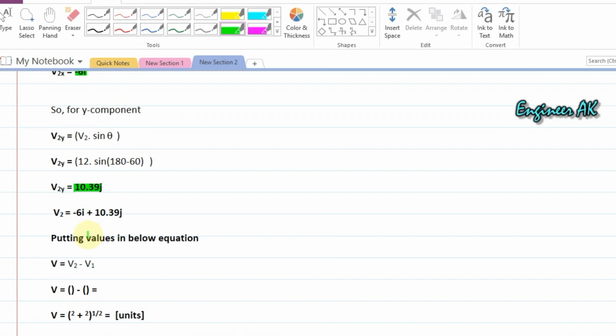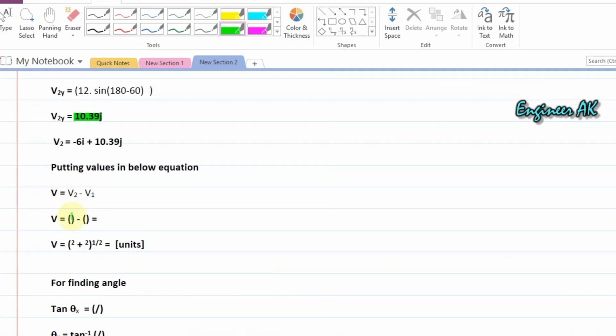Now we have to plug in the values here, right? So we know that v2 is minus 6i plus 10.39j, right?